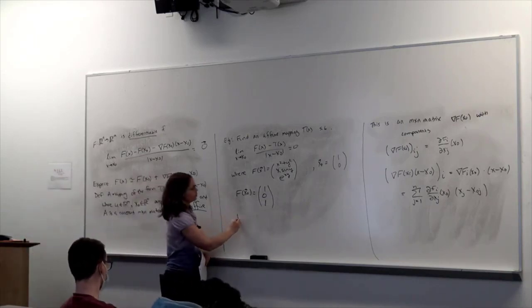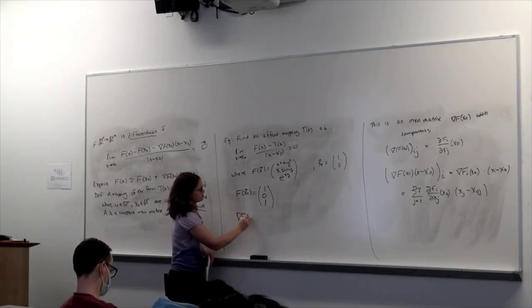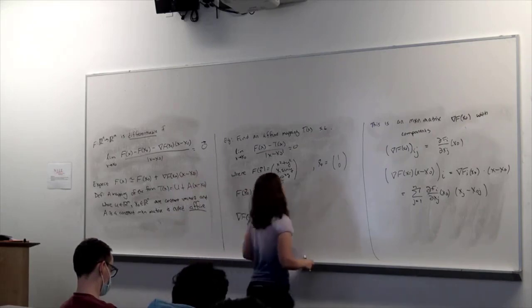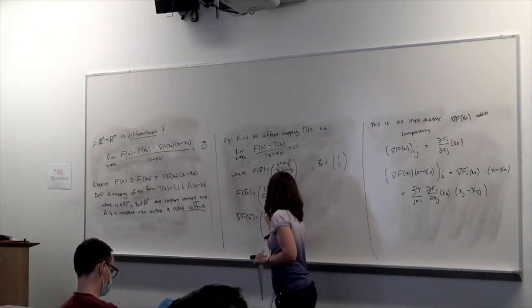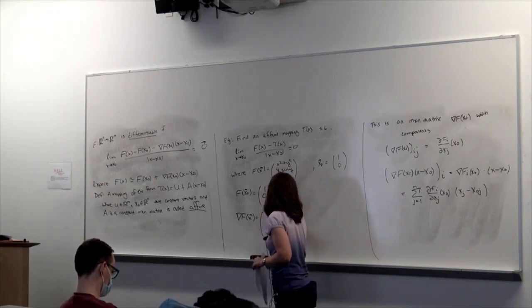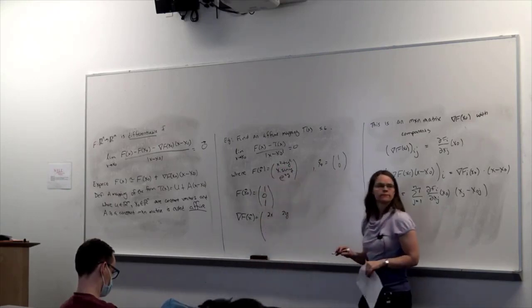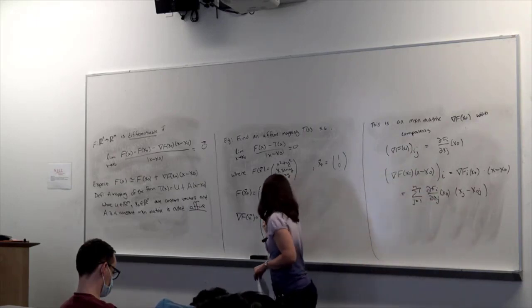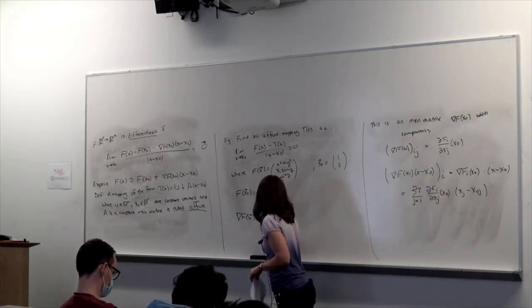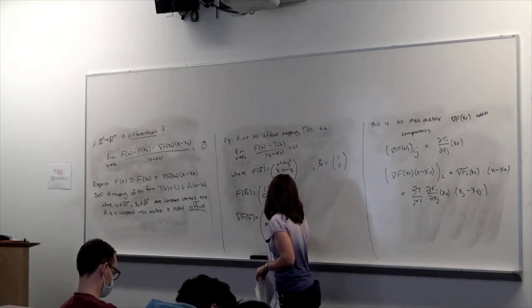Okay, and then I need a Jacobian. My first row will be the gradient of this function, 2x, 2y. The gradient of this function, sine y, x cosine of y.